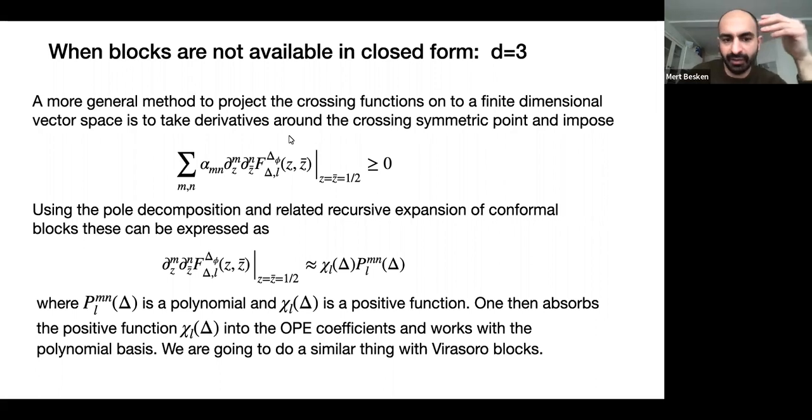We only know them in a recursive expansion, and the specific linear functional example I'm showing you has this nice property that it is something positive multiplied by some polynomial. One then absorbs this positive function into the OPE coefficients, which appear in squares, so they're positive, and works with these polynomials. So we're going to do something similar with Virasoro blocks.